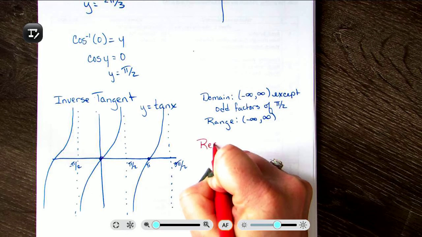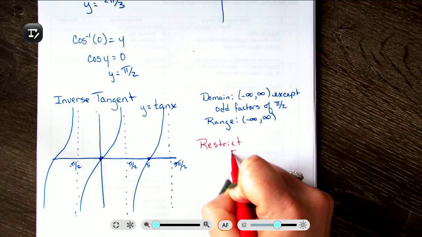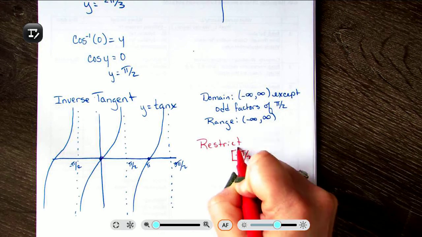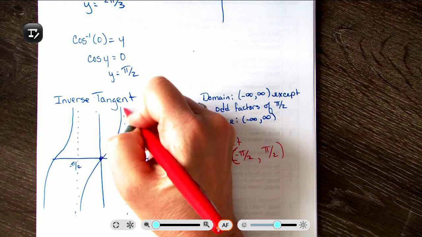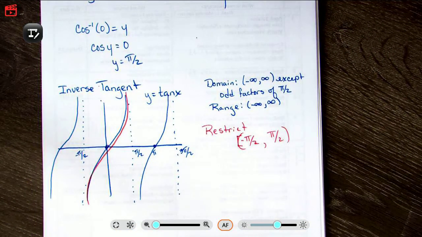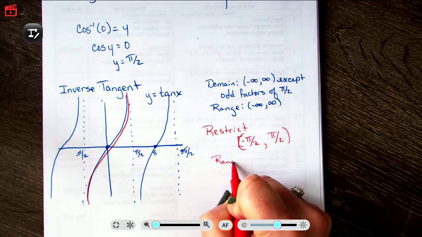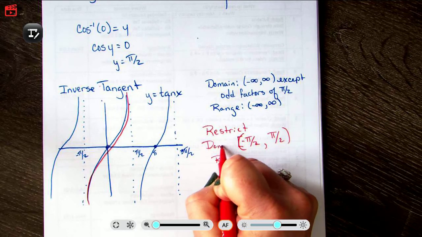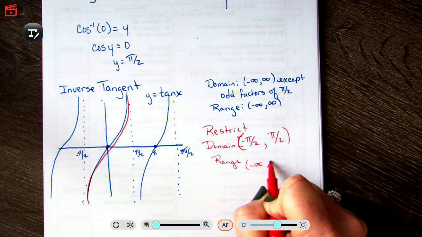Where they do restrict is very similar to the sine function, from negative pi over 2, and I'm going to put a round bracket, sorry, to pi over 2, because those are not in. So we're going to be looking at just that piece. And if we do that, we still get our range. So there's our restricted domain. The range is still negative infinity to infinity.